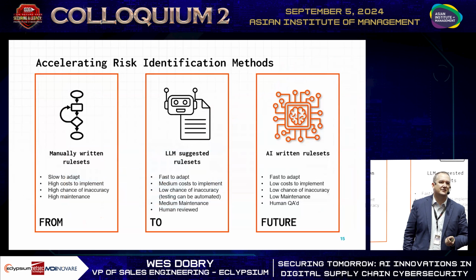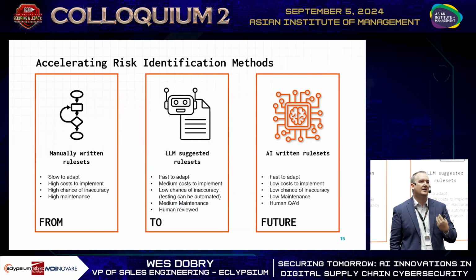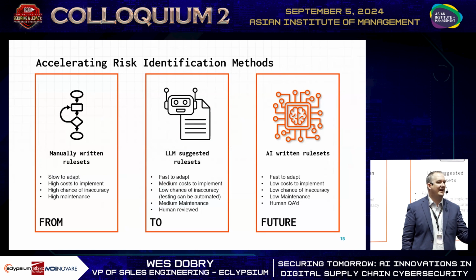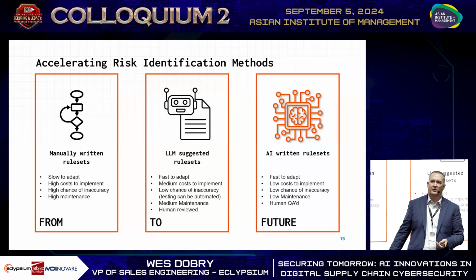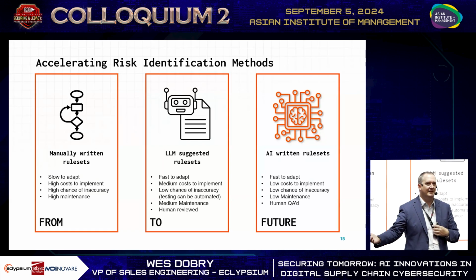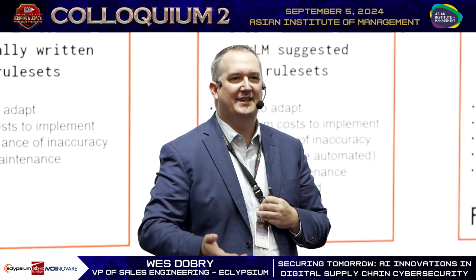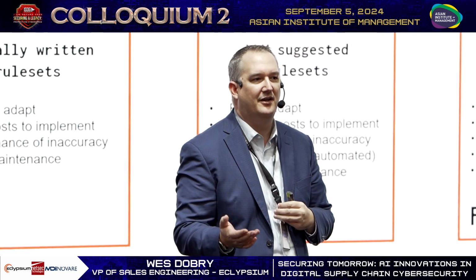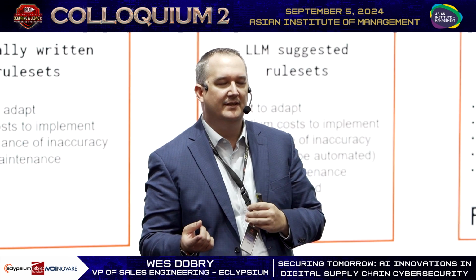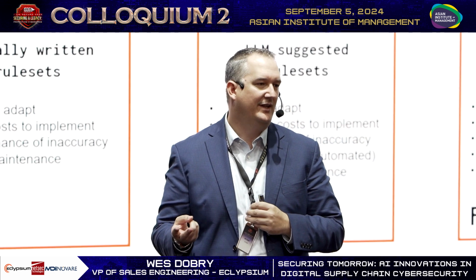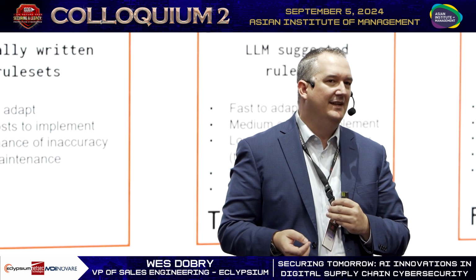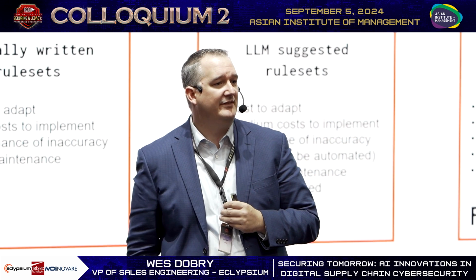Now, this also means that when we look at it from where we have been, we used to build, and almost every security technology is nothing more than a whole bunch of if, then, else statements. We look at these statements and say they are slow to adapt, they're very, very high cost from a development standpoint, they're tough to maintain, and they oftentimes have a high chance of inaccuracy.